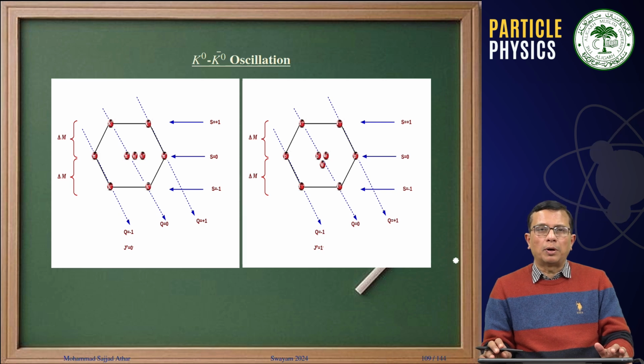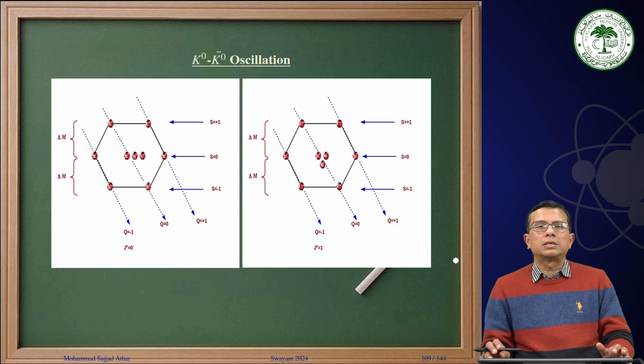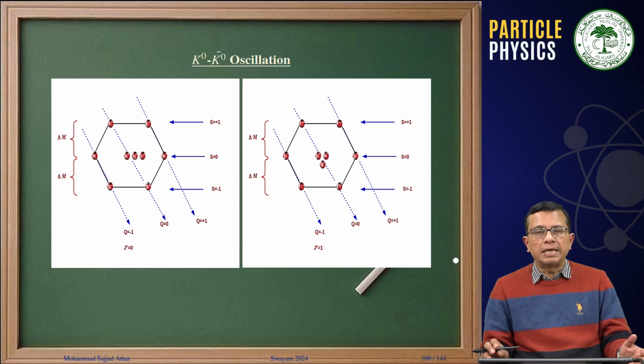I'm going to talk about the kaon oscillation phenomena, also known as the kaon regeneration phenomena, and finally the observation of CP violation in the neutral kaon sector. Besides the neutral kaon sector, this violation has also been seen in the B0 sector and the D0 sector. In general, we are going to start with the neutral kaon sector.